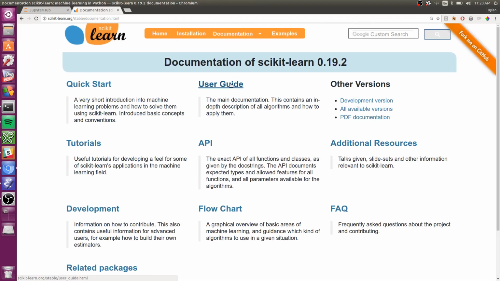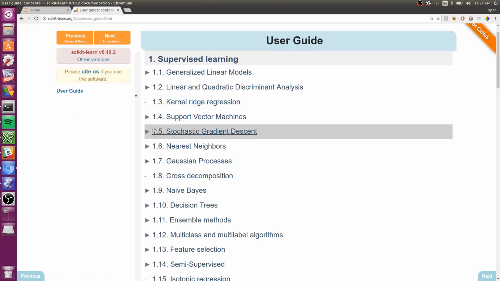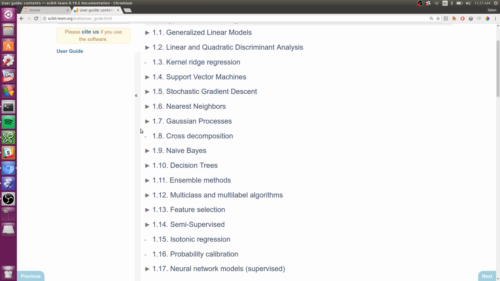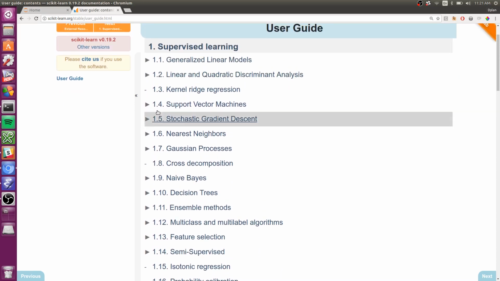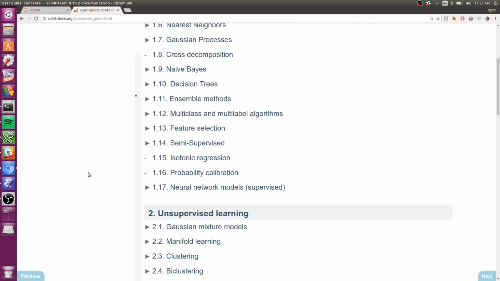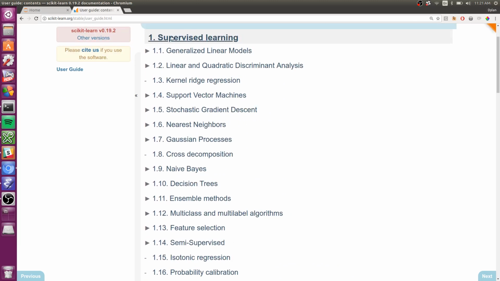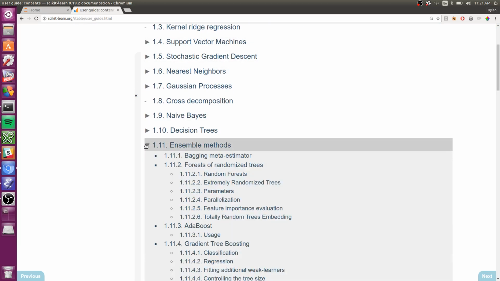If you go to their documentation page, they have tutorials, a quick start guide, and a user guide, and each component of the user guide is broken down by different classes of model or tasks in machine learning. So they have supervised learning models, with explanations of all of these.